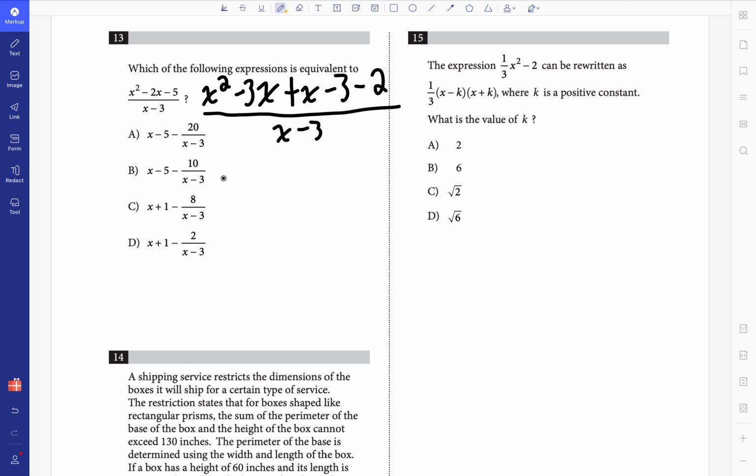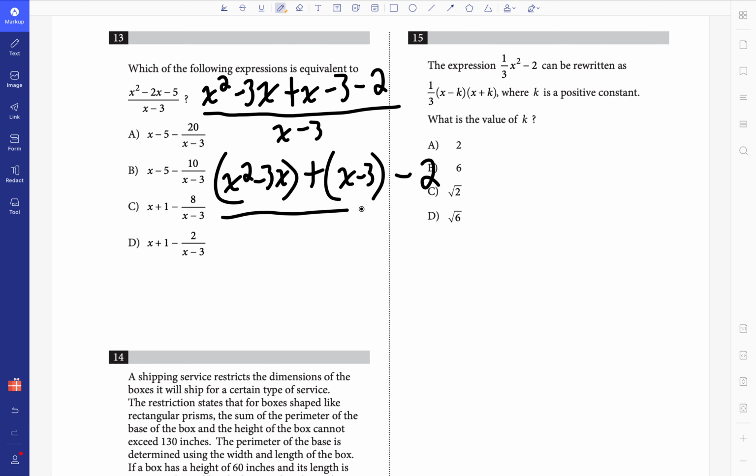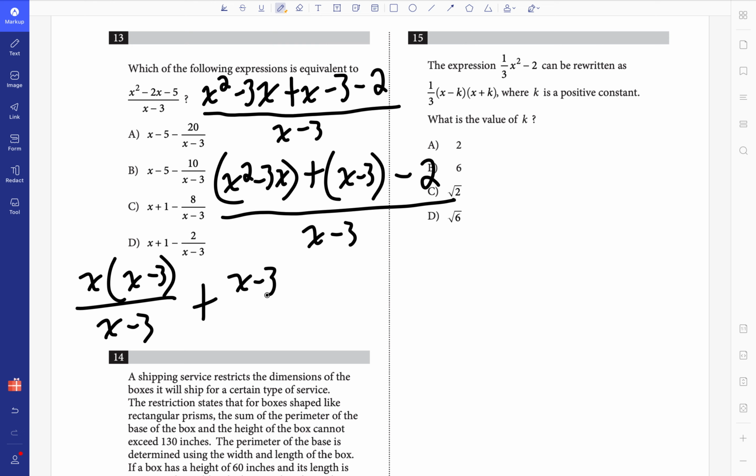This is x squared minus 3x in a group, plus x minus 3 minus 2, all over x minus 3. And now you might see where I'm going here. So this x squared minus 3x is the same as x minus 3 over x minus 3 plus x minus 3 over x minus 3 minus 2 over x minus 3.